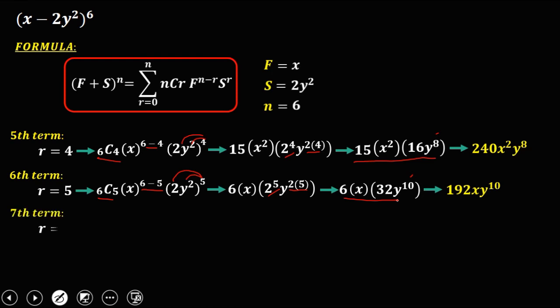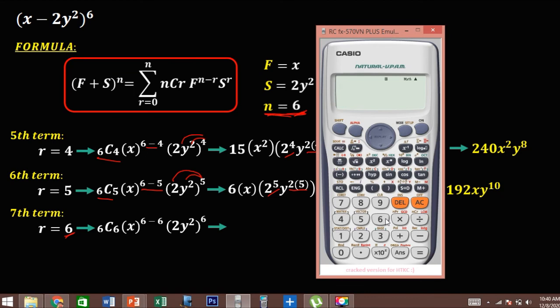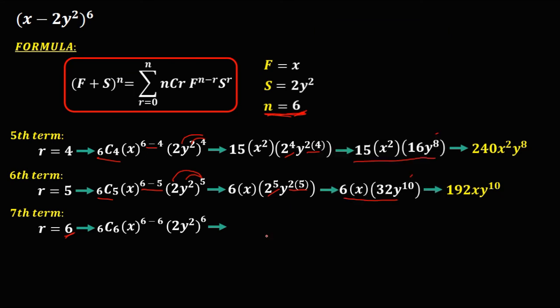And for the seventh term, r now equals 6, so this is the last term, because r is now equal to n. So 6 choose 6, then x to the power 6 minus 6, then 2y squared to the power 6. Then simplify, so 6 choose 6 is equal to 1, and 6 minus 6 is 0, and any number raised to 0 is equal to 1.